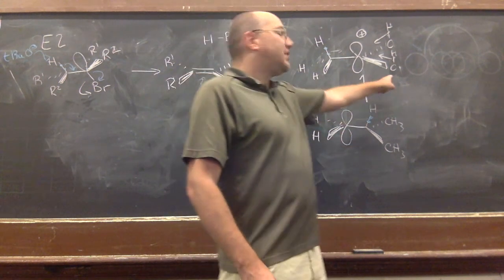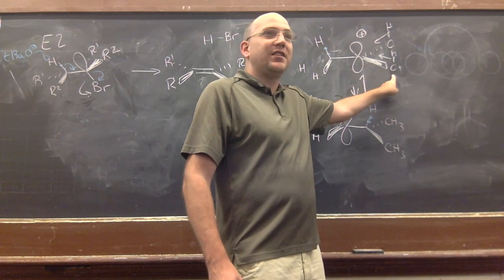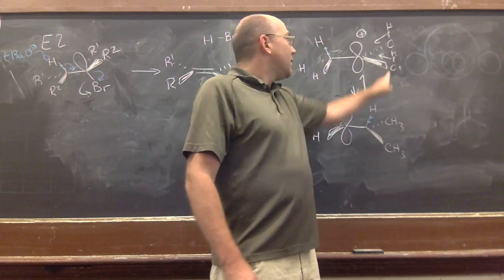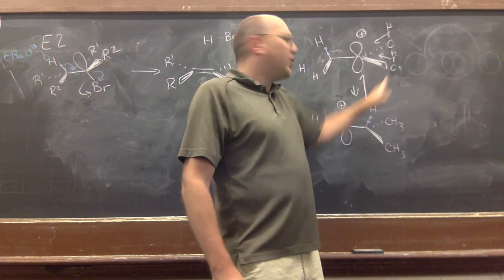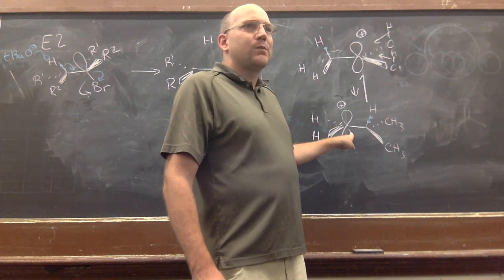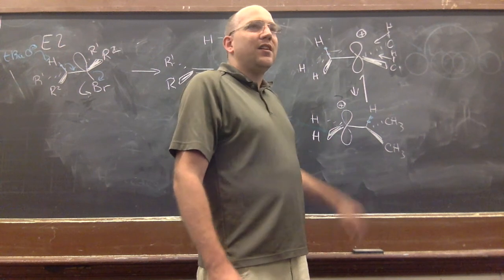If these were CF3s instead of CH3s, would it drive it in this direction? You said you can't have a positive one. You're not going to have a carbon, yeah, you're not going to have a positive. But if there's induction, basically what you're asking is, can something drive this in the other direction?